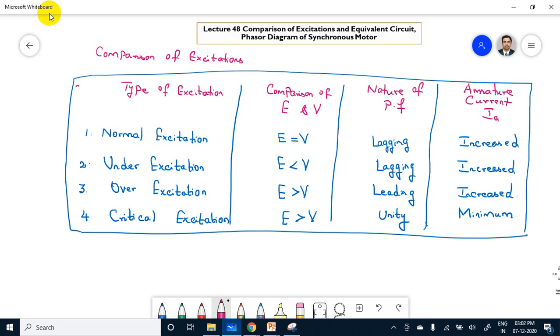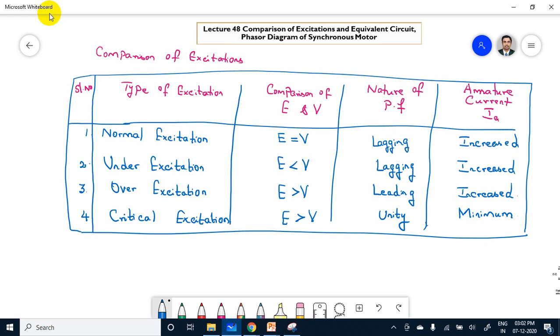This is the serial number. This is one 3 mark or 4 mark question.